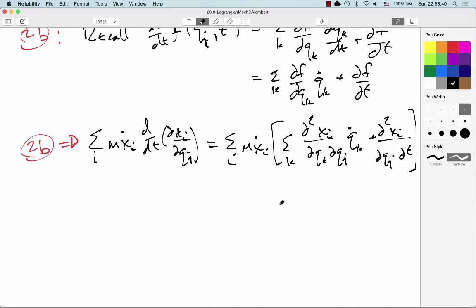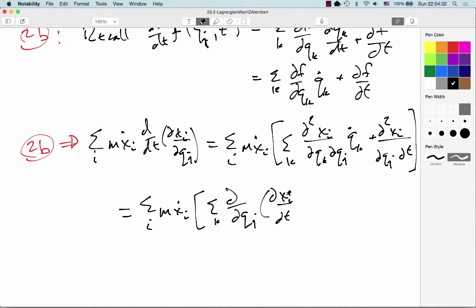I can look at all this though, and I recognize it as being the sum over i of m xi dot times the sum over k of partial xi dot partial qj dot times partial qk dot partial t.